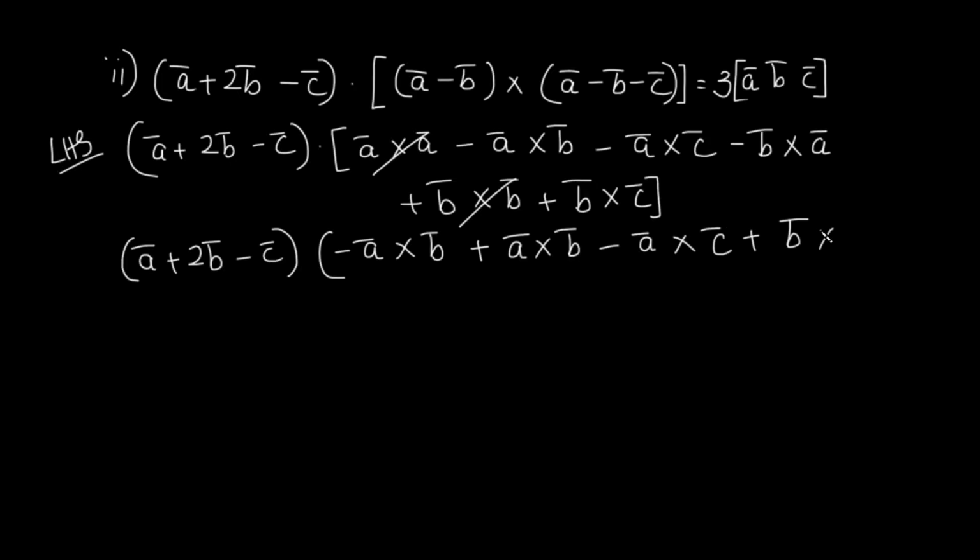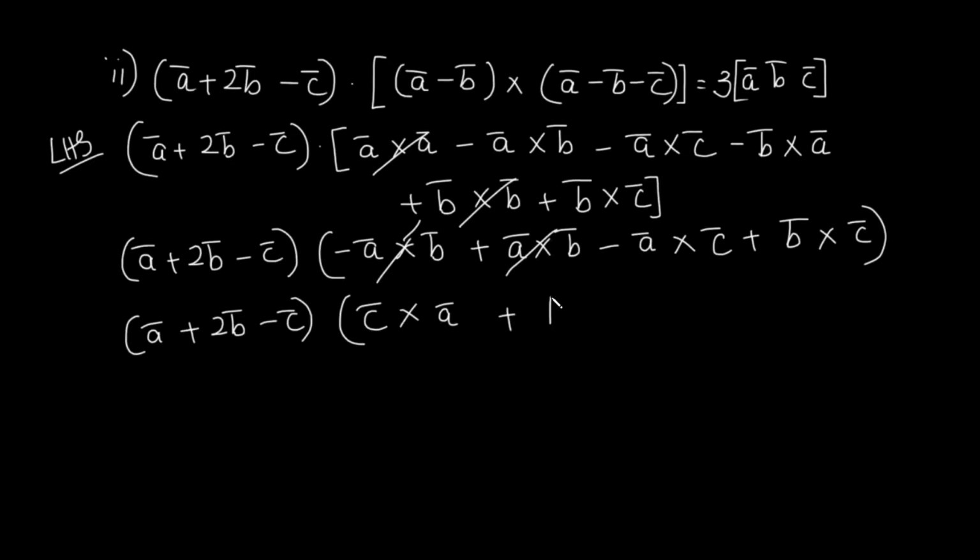Plus B cross C also we have to write as it is. That means these two terms also go away. Minus and plus becomes 0. That is why the two terms go away. And therefore, we are going to get A plus 2B minus C into that. Now minus A cross C can be written as C cross A plus B cross C. This way.